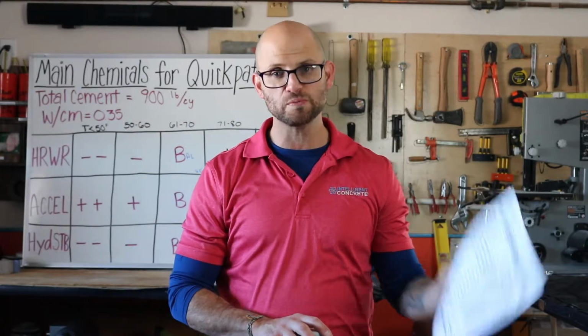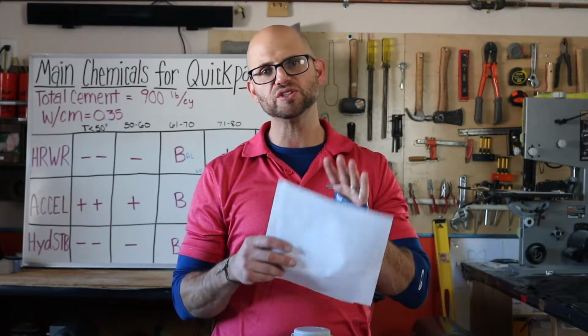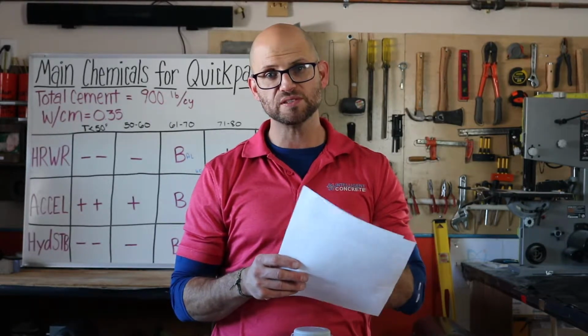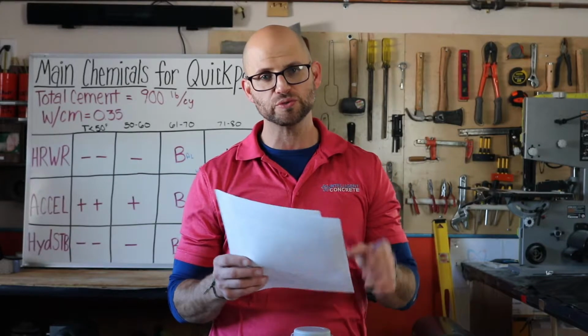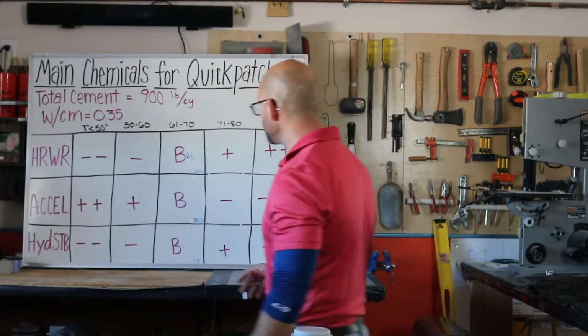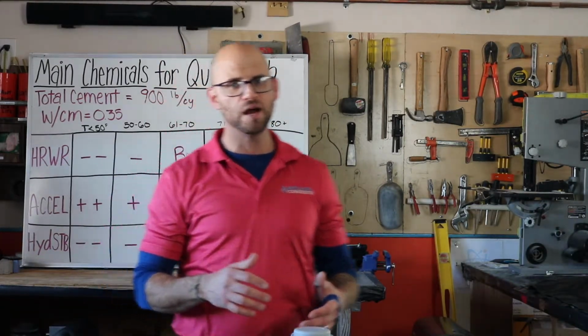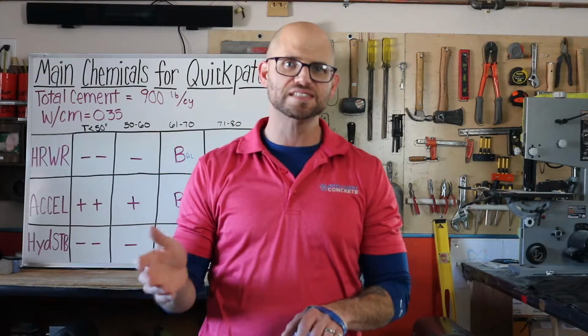Then we're going to be doing 2 mixes today. One mix with just the type 1-2 Portland cement, the sand, the high range water reducer, and the water content. And the second mix is using these different chemistries, a little bit more chemistry to enhance that early strength.